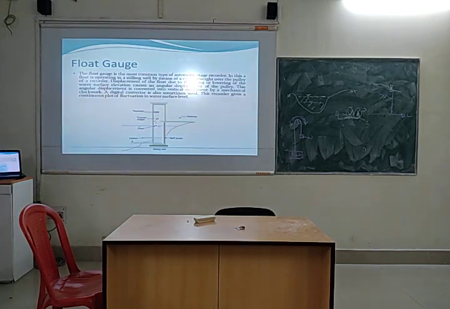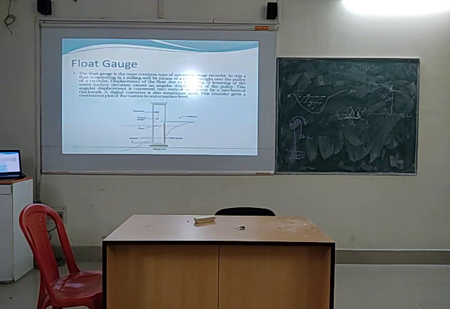So basically the float gauge is the most common type of automatic stage recorder. In this, a float is operating a steering wheel by means of a counterweight over the pulley, right? The displacement of the float, as in the drawing I have already told you, with respect to the rise and fall of that float, what will happen?